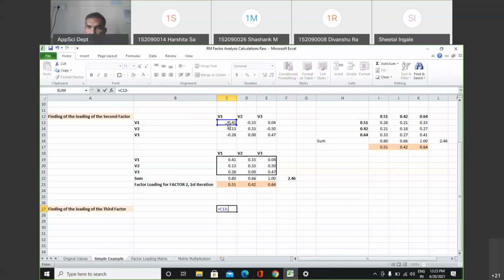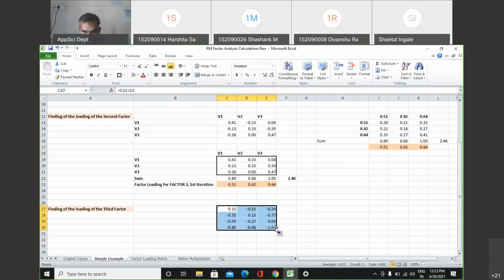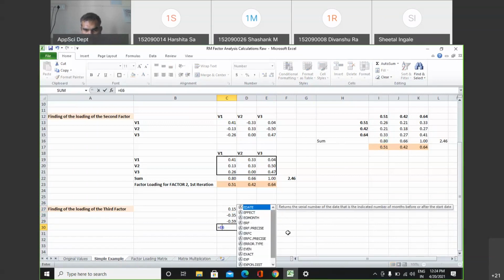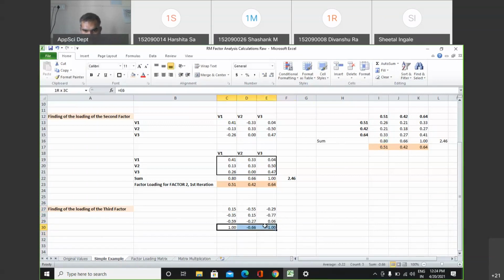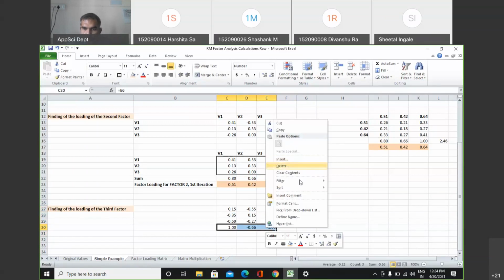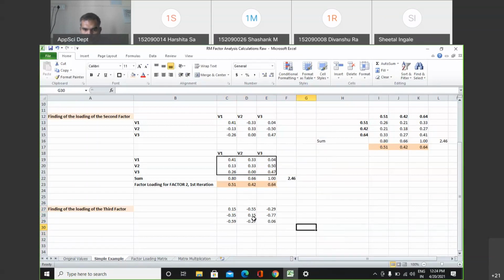The fourth one has also come. Let us check. Yes, the corresponding values are right.